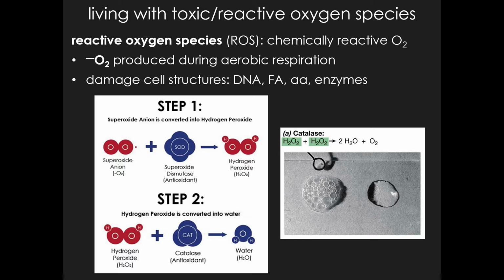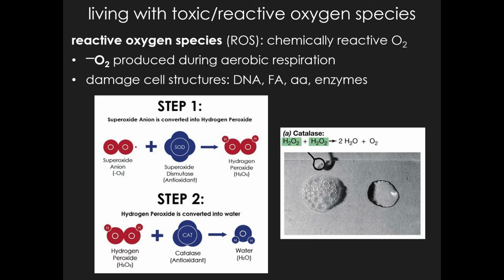Molecular oxygen, O2, is very stable, but the problem is that the oxygen molecule, as it's being manipulated in the cell, can be converted to these reactive oxygen species or free radicals, and they're incredibly damaging to the cell. They convert to superoxides or hydrogen peroxides, and those things happen as a result of aerobic respiration.